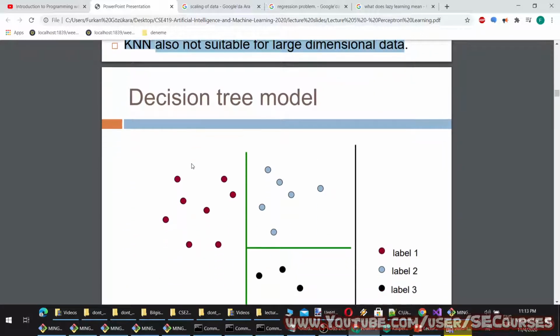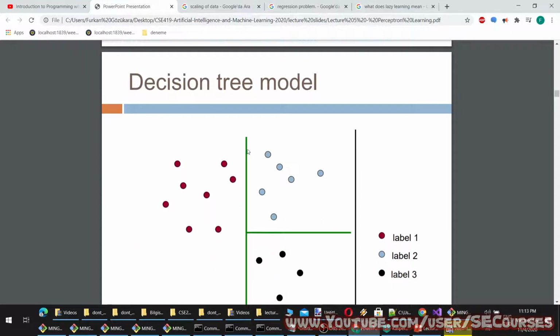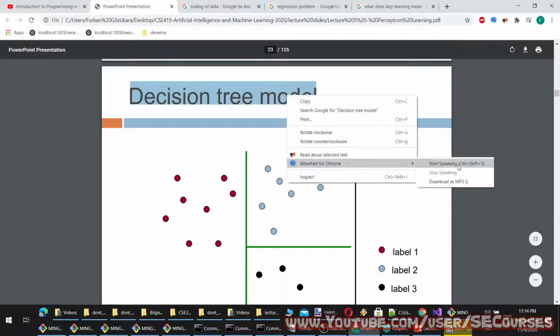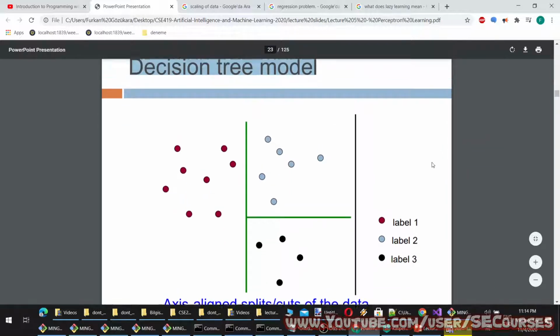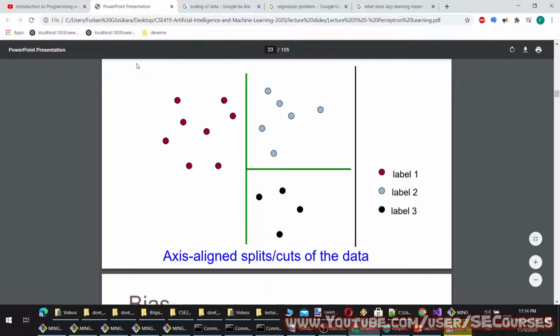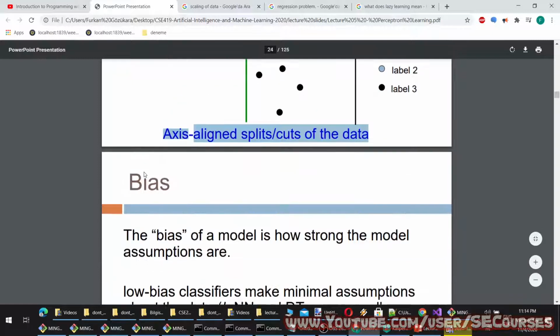Okay. So KNN is only useful for certain data, as for many of the other models. Same. Decision tree model. In decision tree model, we expect data to be categorical. Axis-aligned splits, cuts of the data.